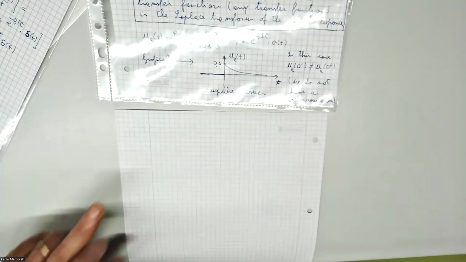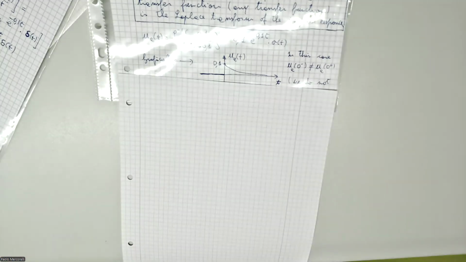Assume that it is 0, but you can say, but if the initial condition is 0,1? If you do the calculation, we will see nevertheless that UC at time 0 minus is not equal to UC at time 0 plus, because the voltage from 0,1 will spring to 0,2, because we have an input. But let me consider this example. We can see that UA at 0 minus is not equal to UA at 0 plus. That we can see here.